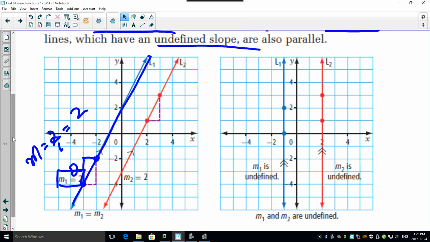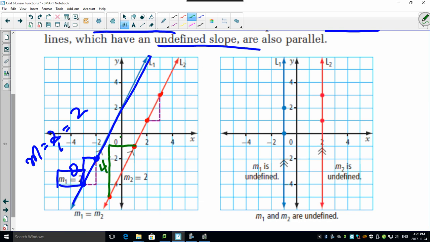Take a look at this guy right here. I'm not going to pick the 2 dots that it chose. I'm going to pick a dot right here, and I'm going to find another dot along this line that intersects beautifully. Look at that, right there. Let's figure out the slope of that line based on those 2 points. I'm going to go up 1, 2, 3, 4, and over 1, 2.